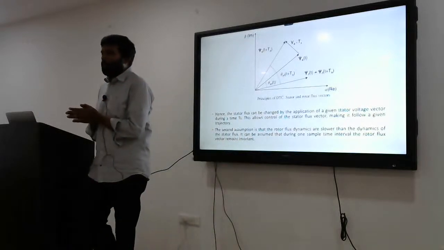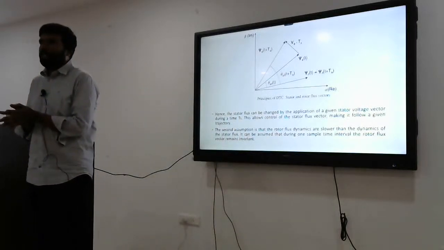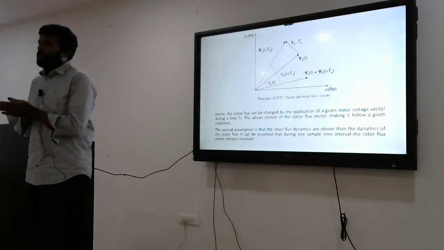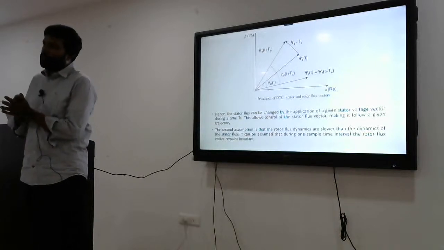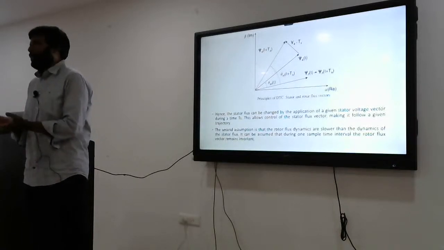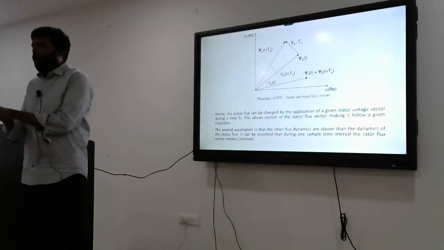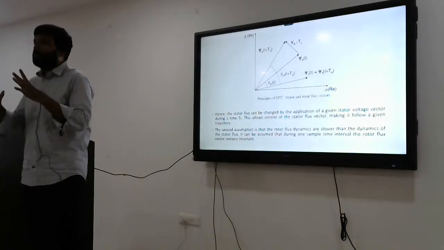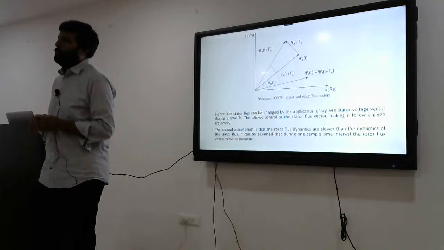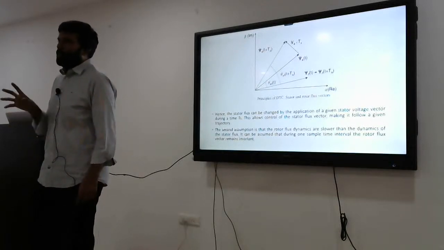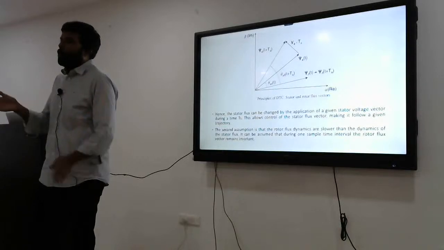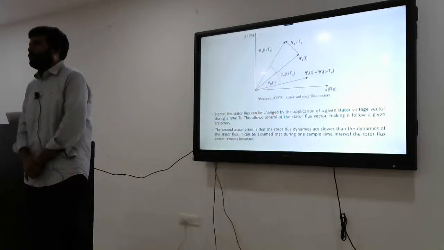In an induction motor, the stator flux and the rotor flux both rotate with the same speed, so relative motion is 0. But the rotor flux always lags the stator flux if it is operating in motoring mode. Please understand this, it is very important. If the induction machine is operating in motoring mode, the rotor flux always lags the stator flux.